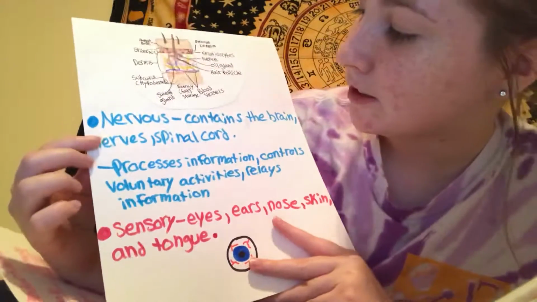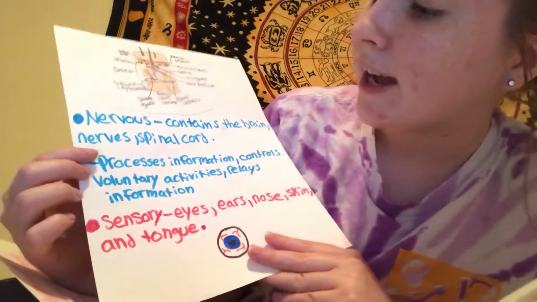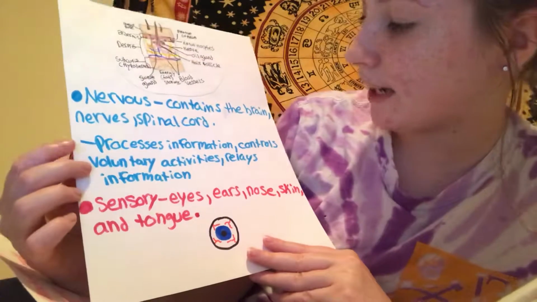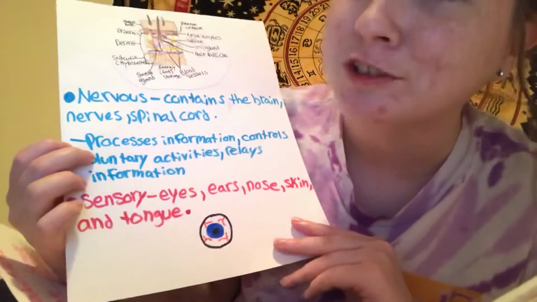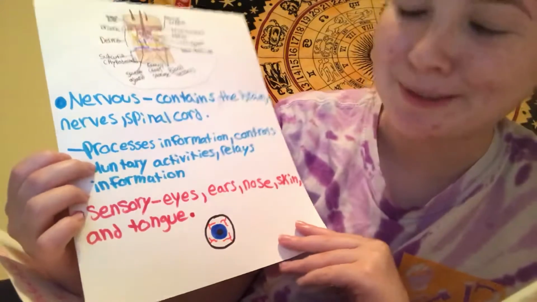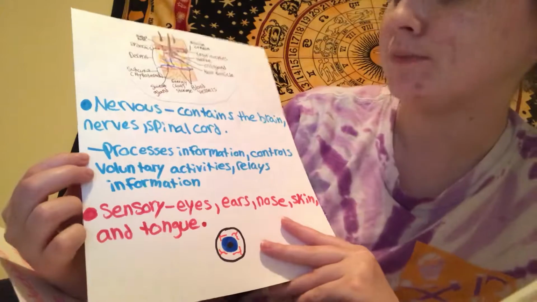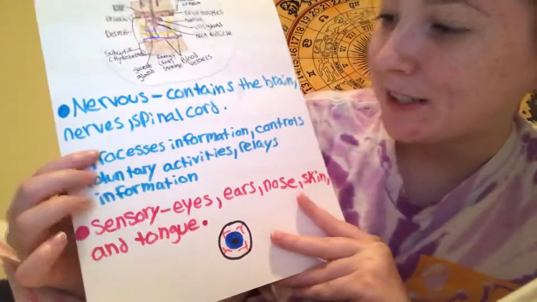The next system is the nervous system, which contains the brain, nerves, spinal cord, and its purpose is to process information, control voluntary activities, and also to relay information, so you remember stuff.